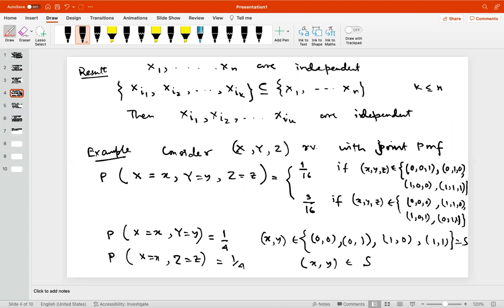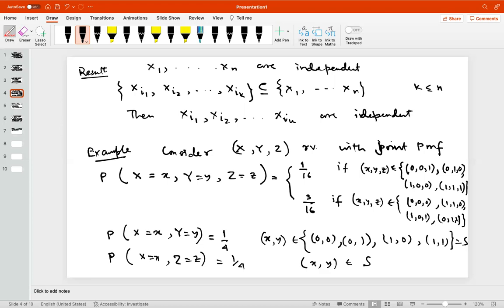Like that, 0, 0, 1 say, or 0, 1, 0. In this case, the probability of x equal to 0, y equal to 1 is 1 by 4. And x equal to 1, y equal to 0 is also probability 1 by 4. That means probability of x equal to y is half, and probability of x not equal to y is half.